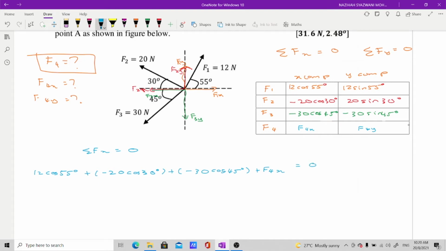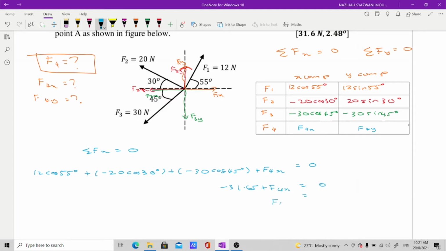Press your calculator and you will get the value for F4x. So here we have negative 31.65 plus F4x equals 0.